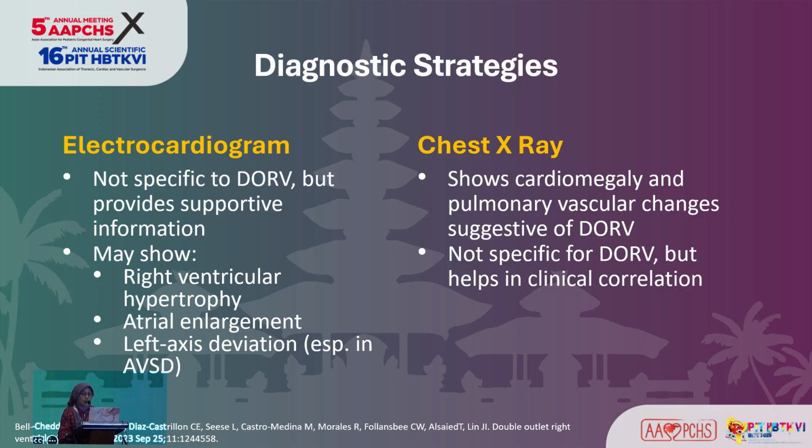How about the chest X-ray? Chest X-ray findings in double outlet right ventricle are also non-specific, but they can support clinical suspicion. Typically, we may see cardiomegaly and pulmonary vascular changes depending on associated shunt physiology. While not diagnostic, chest X-ray remains useful in the clinical correlation and overall evaluation of the patient.